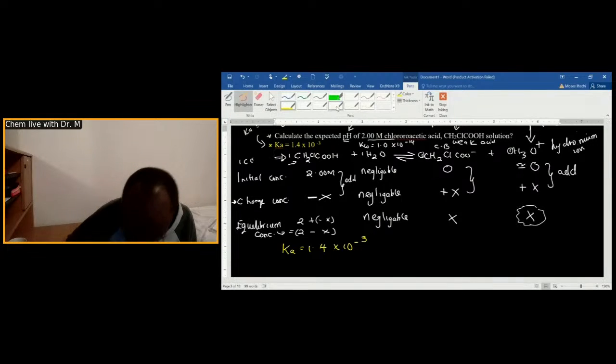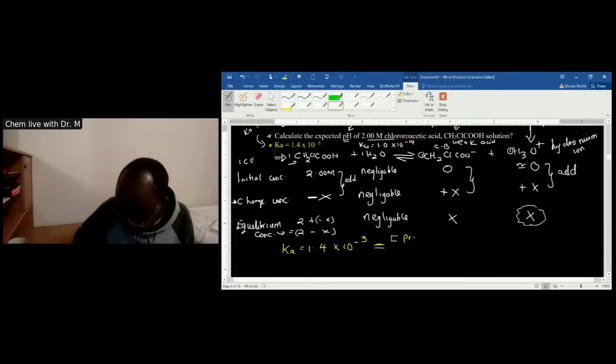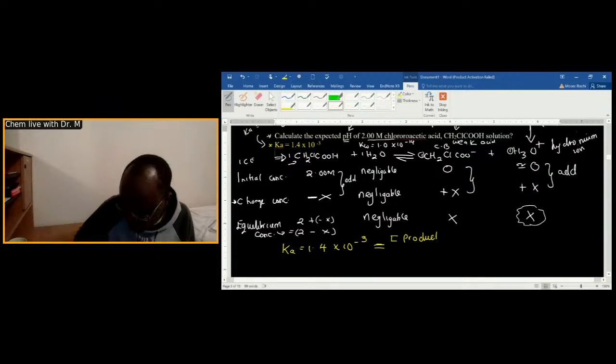So the same Ka as an expression can be written as the product of the concentration of products divided by the product of concentration of reactants. So our product in this case will be the chloroacetate.